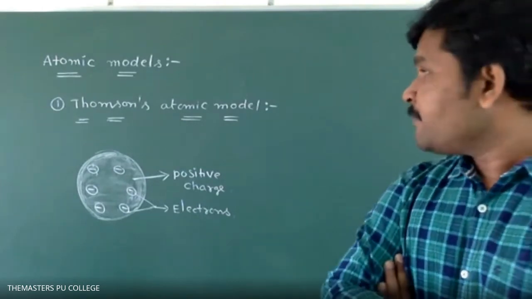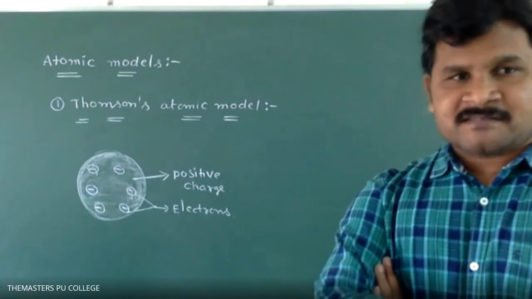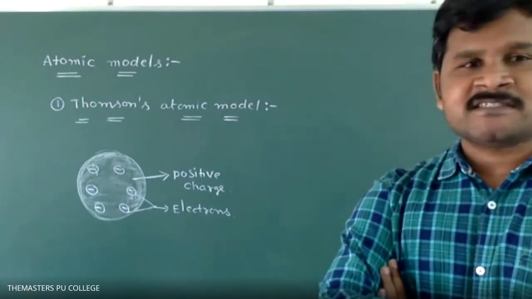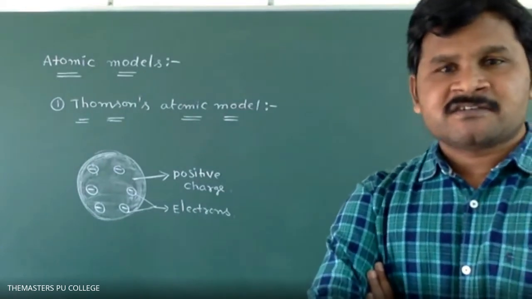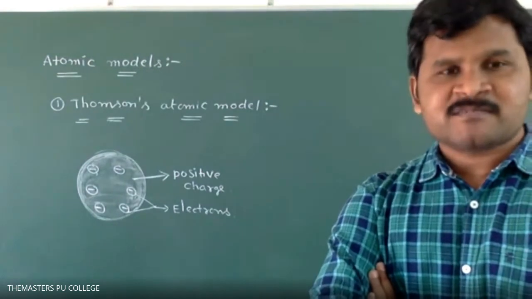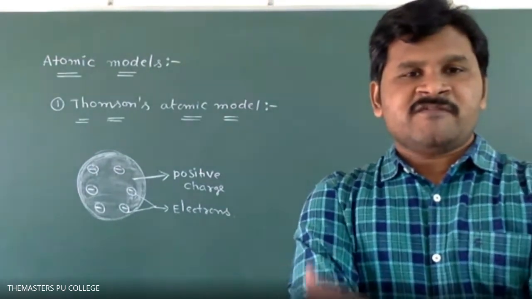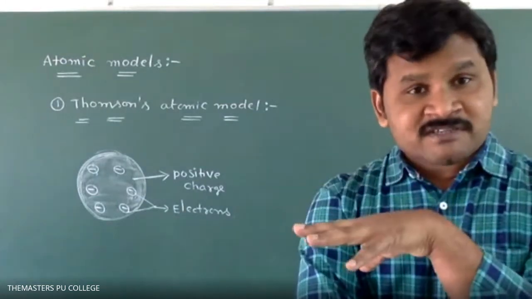So he compared his atomic model with a watermelon. That's why it is also known as a watermelon model or raisin pudding model. How did he compare the watermelon with this atomic model? Very simple. If you cut a watermelon in the middle, what can you observe?